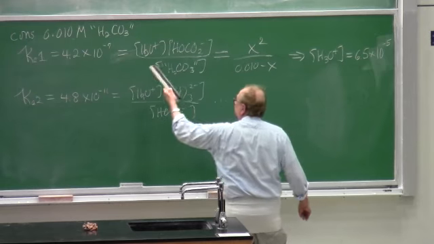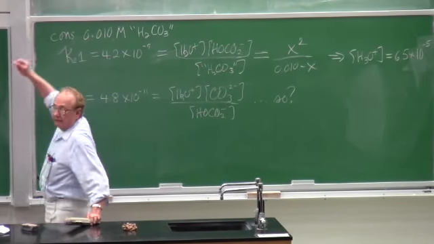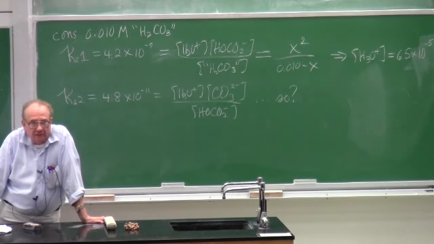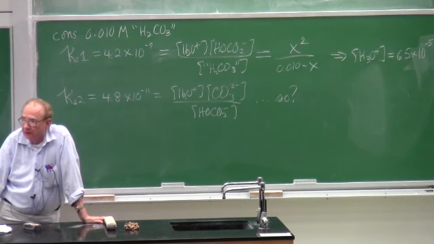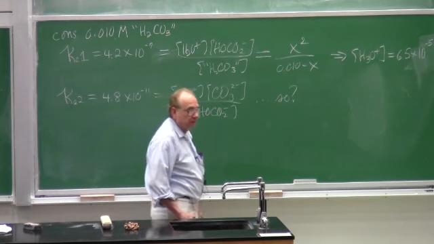What I've done here is to show how we get the hydronium ion molarity based on Ka1 for 100th molar carbonic acid, hydrated CO2 solution. You can't get a hydrated CO2 solution that concentrated unless you got it under pressure.